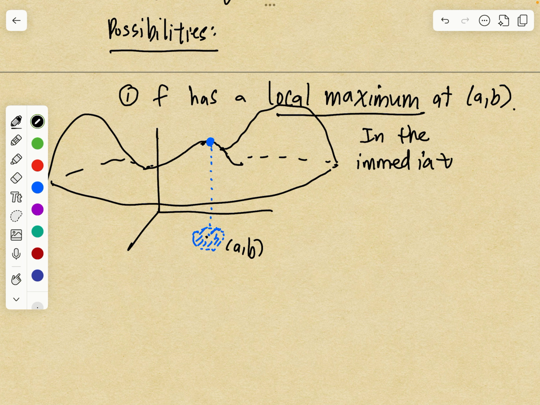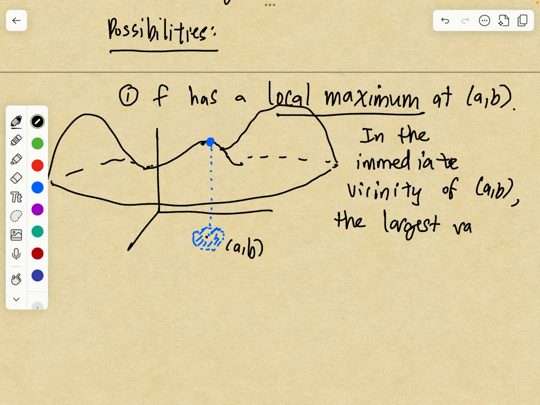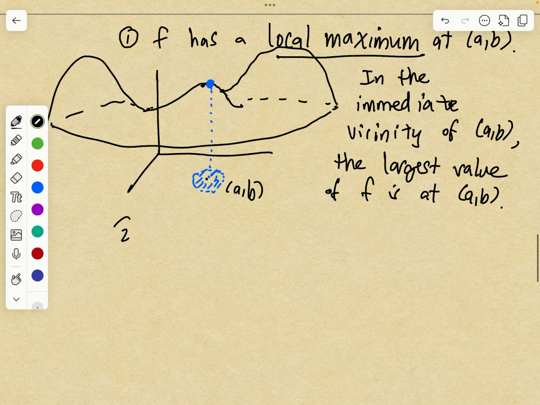When you just look all around the point a comma b, in the immediate vicinity of a b, the largest value of z, or the largest value of f, is at a comma b. So that's one possible scenario.